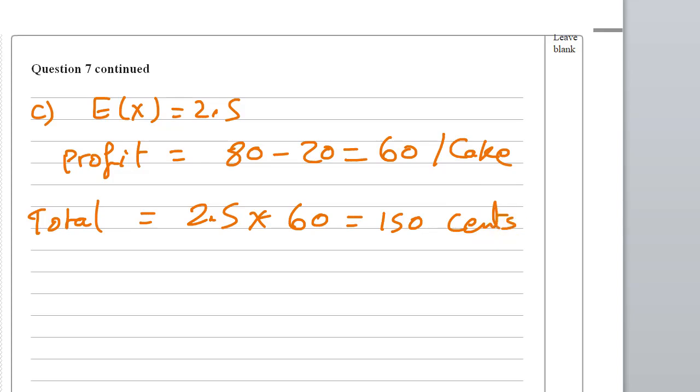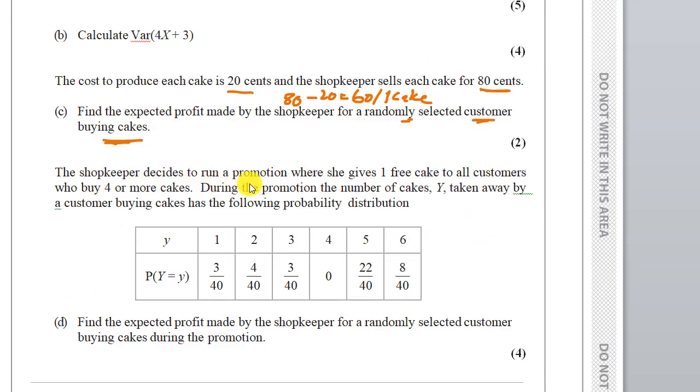Okay? The shopkeeper decided to run a promotion where she gives 1 free cake to all customers who buy 4 or more cakes. So if they buy 4 or more, they will take 1 free.